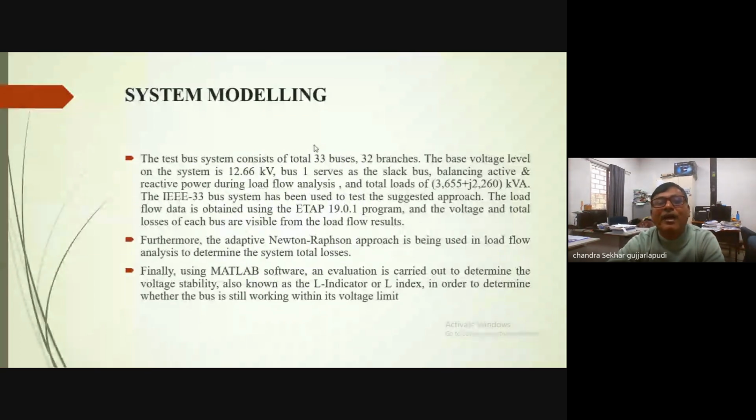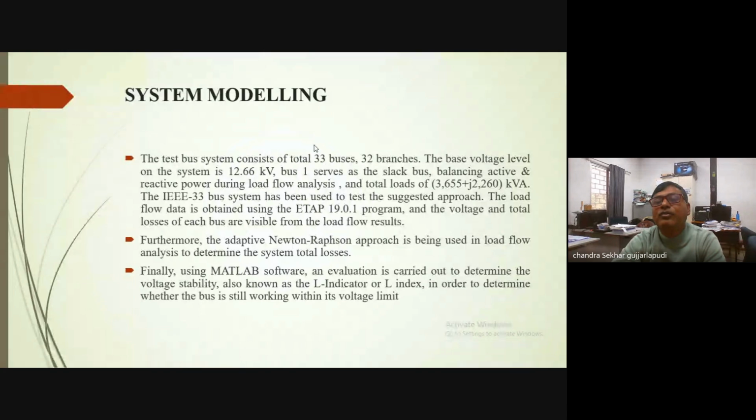The bus voltage level is 12.66 kV, and bus 1 serves as the slack bus. We have a load of 3655 kW, and a 2260 kVA load is there.